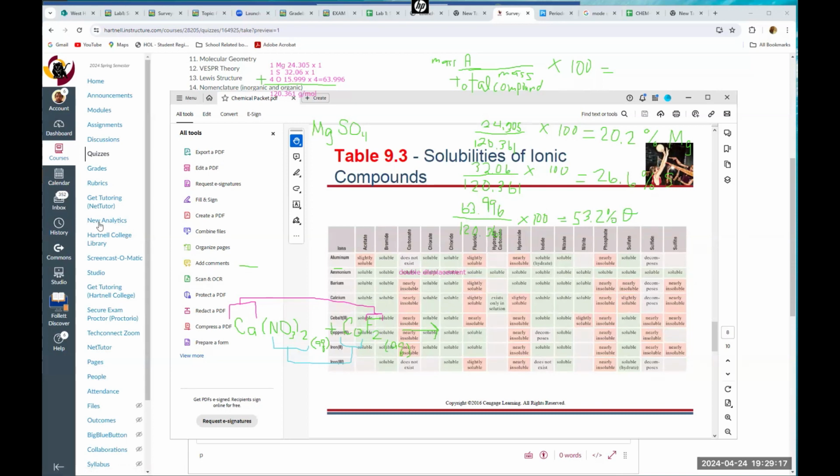So we know that in that case, if they're coming together, then it would form a precipitate, right? So we have CaF2, and since it's a precipitate, we're going to put a solid. Plus the other one would be, as you said, cobalt 2 nitrate.